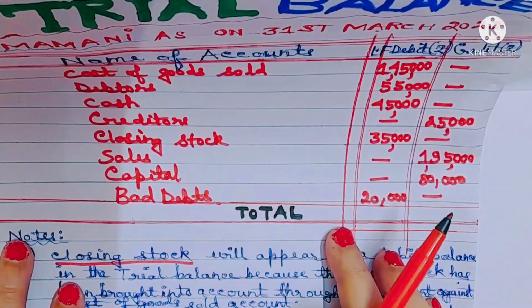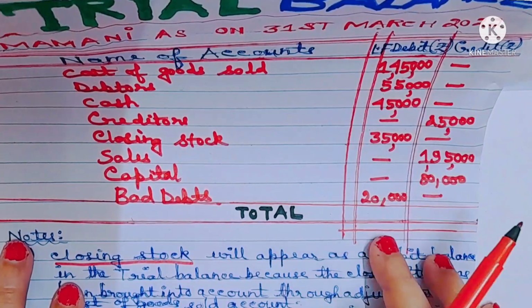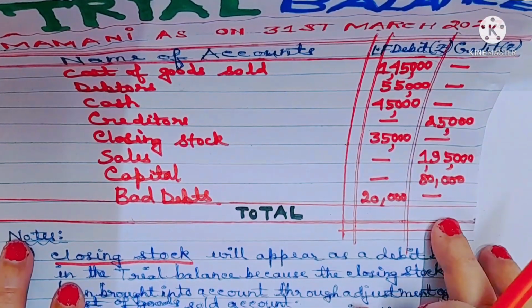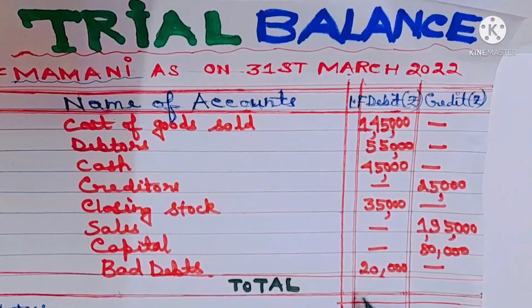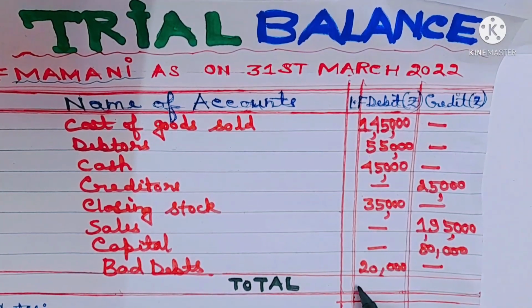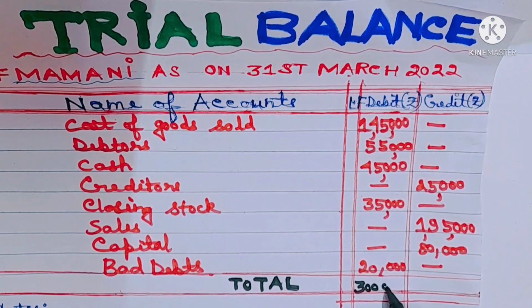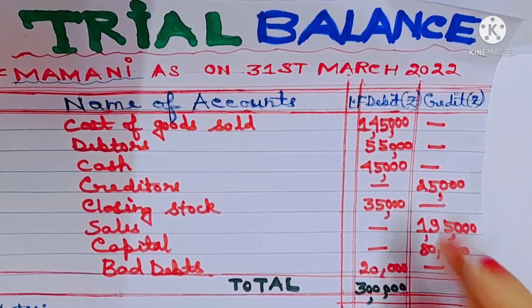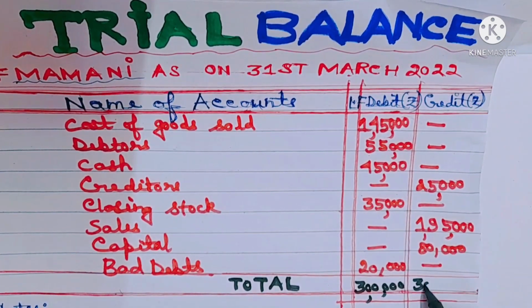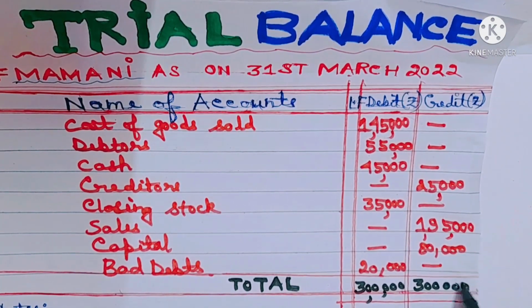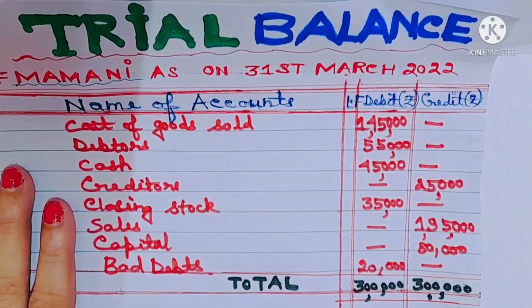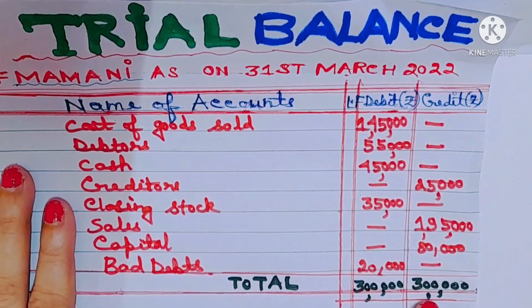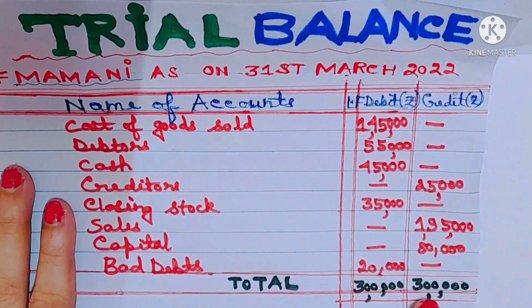Okay. Now let's calculate the total of debit column as well as the total of credit column. Okay. And let's see if the trial balance tally. So the total of debit column is 3 lakh. And the total of credit column is also 3 lakh. So the trial balance did tally because the total of debit column is equal to the total of credit column.